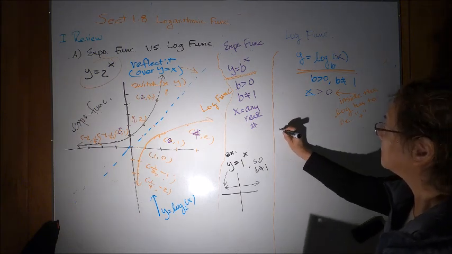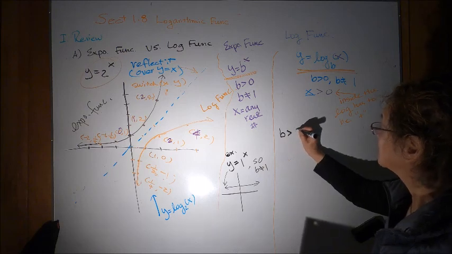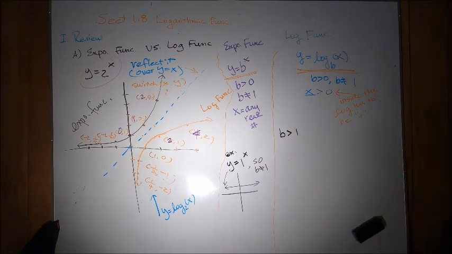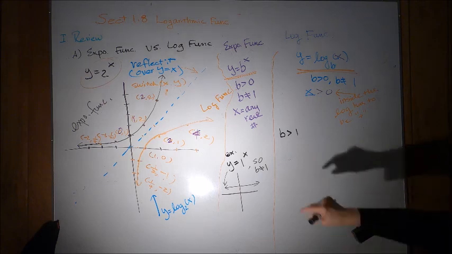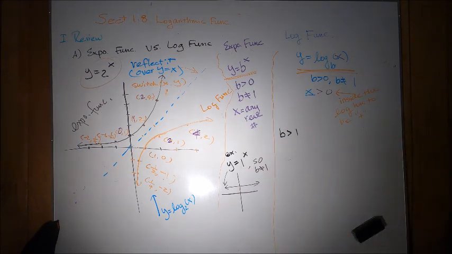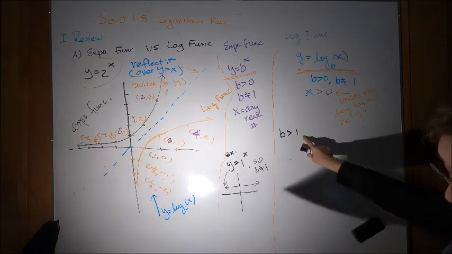Let's just talk about b greater than 1. Usually we use positive bases; sometimes we use negative for a reason. Okay, so let's just talk about b greater than 1.